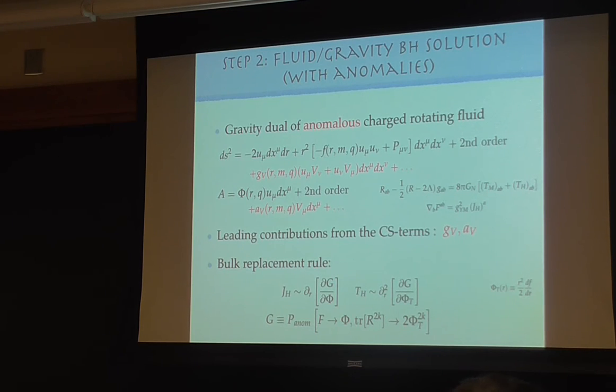But how unique is this solution? On this slide, I could have imagined some other black hole solutions with different charges. Many black holes in the hydro expansion will look like this. It's universal in a way. This part only depends on the anomaly polynomial, but for example, at second and third order, different black holes will have different viscosity.